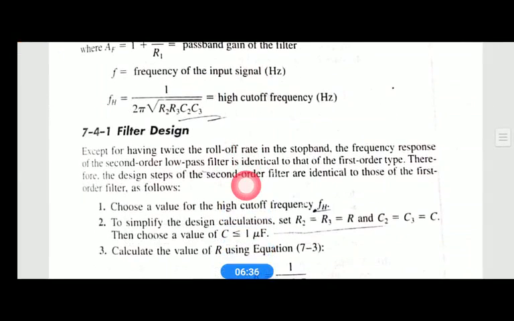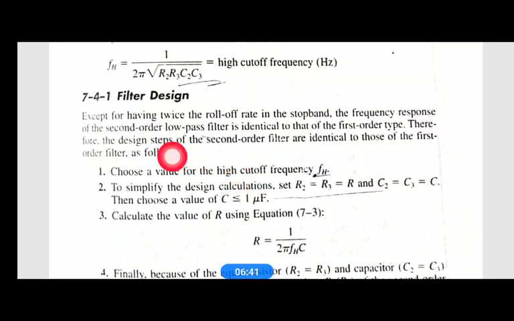So let's see how we design this filter. To design this filter, first we choose the value of the high cutoff frequency fh, as we did for the first order low pass filter in the previous session.